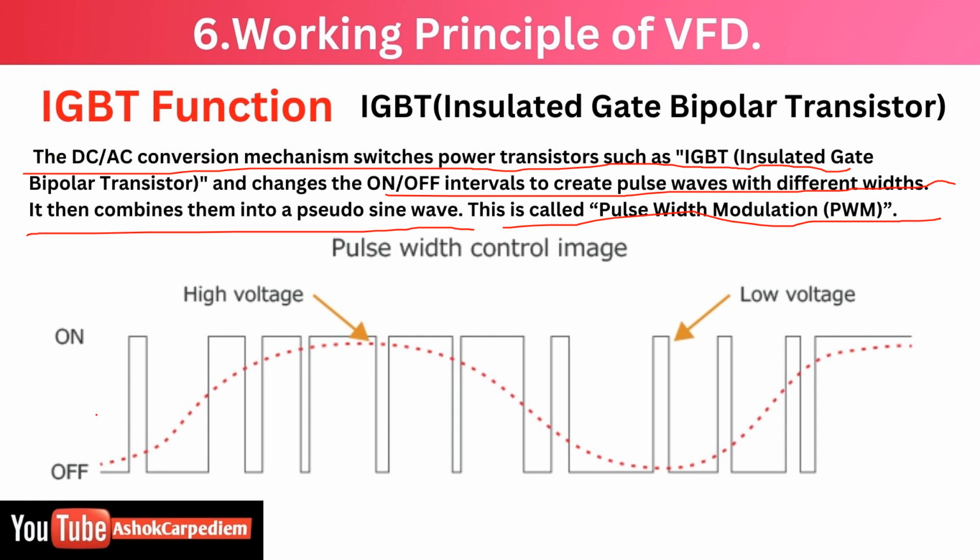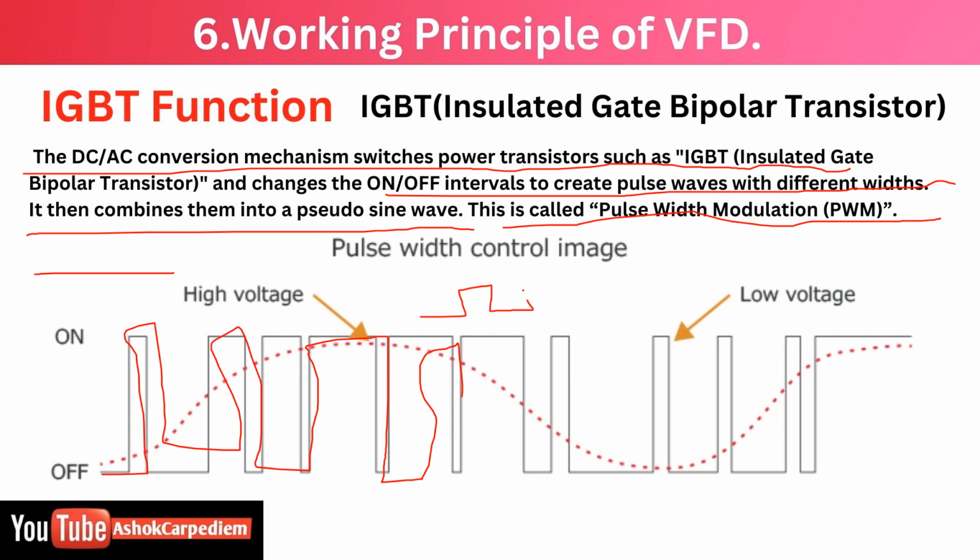See, what is happening? Your wave is coming like this. When the current is coming, it was a straight wave, right? So that means it is the DC current. It is going like this, on off on off on off.